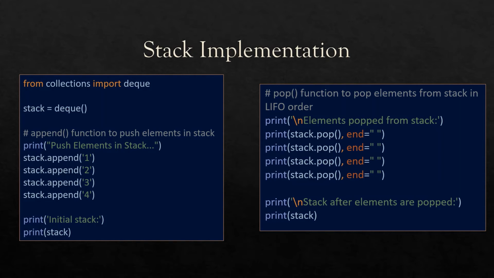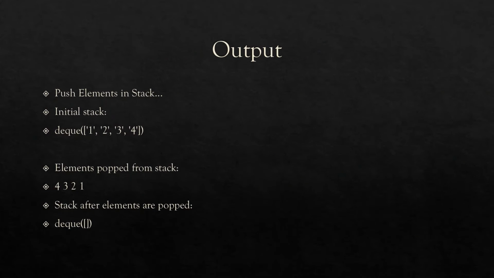Append takes one element as input and pushes that element into the stack at the top. Pop does not take any element as input but returns the element that is popped, that is, it returns the element at the top of the stack. Implementing the previous program, we get the following output.